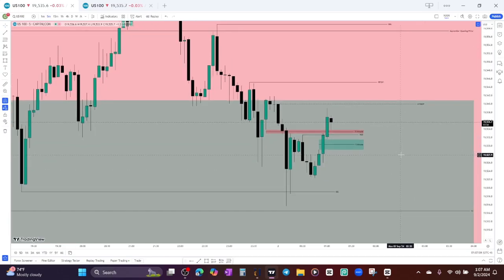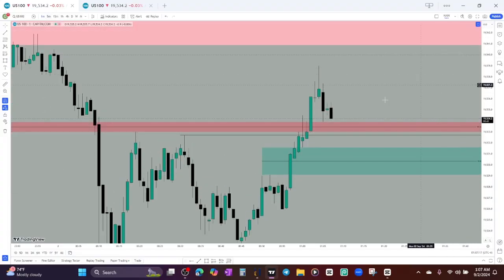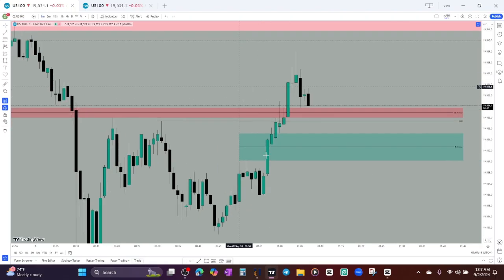I want to see the market tap into this 5-minute bullish fair value gap for an entry. That level would be in a discount of this last leg up as well. Let's see if we could get that.